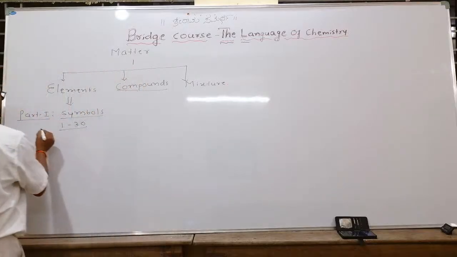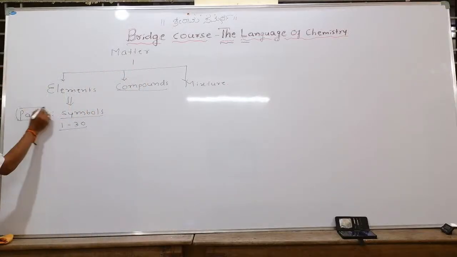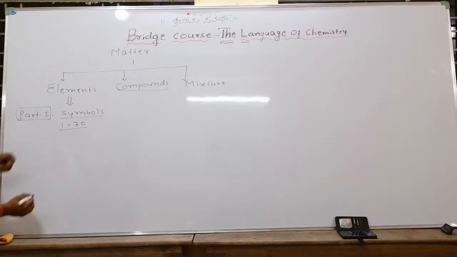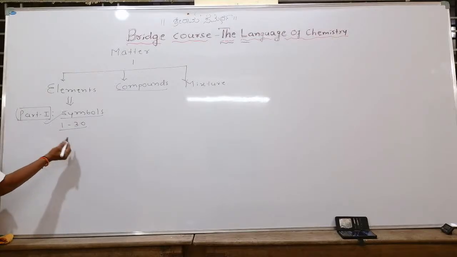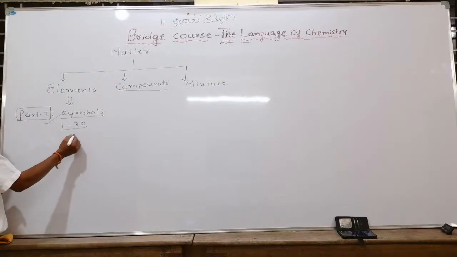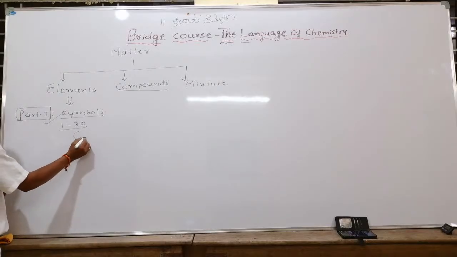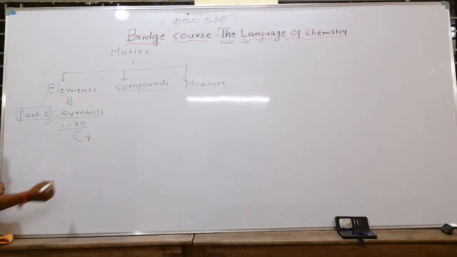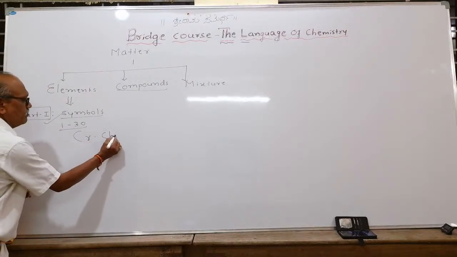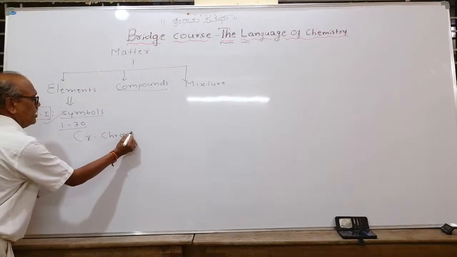Now in the periodic table you will find elements. First 30 elements I think you have made it perfect, right? In the periodic table, now randomly try to answer. I am writing randomly. What is the symbol Cr stands for? Cr is chromium.